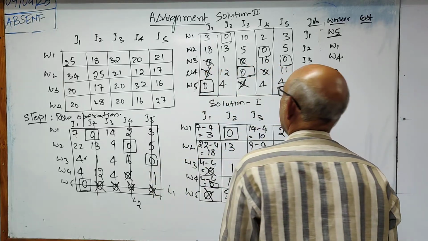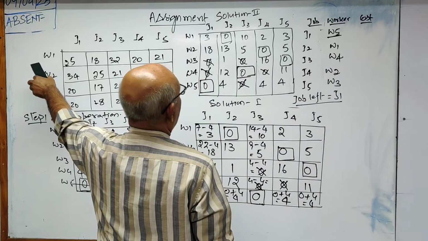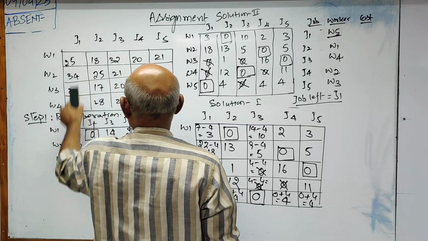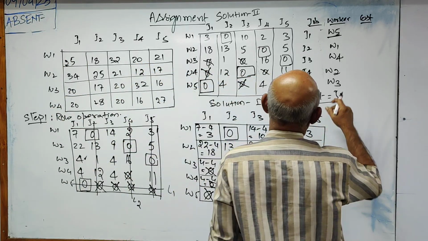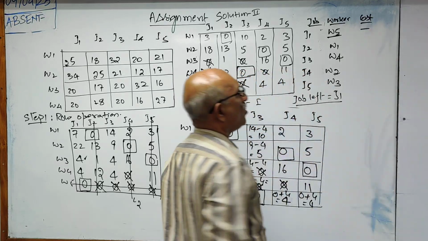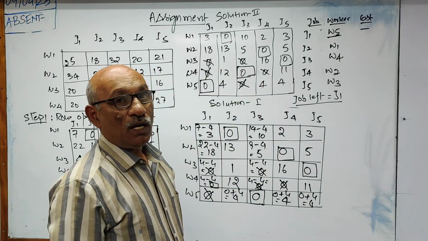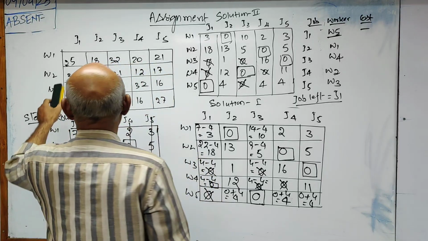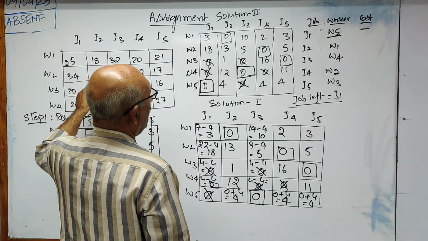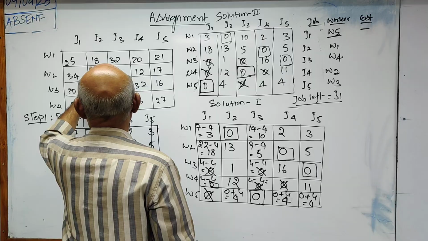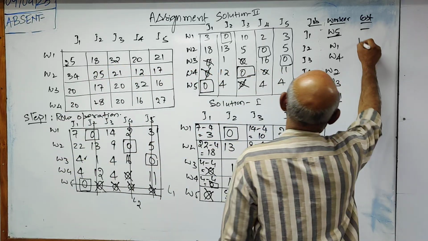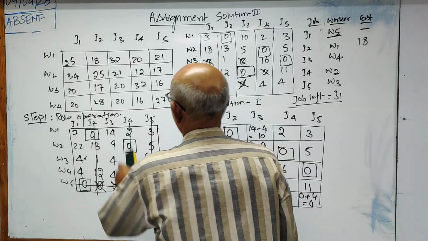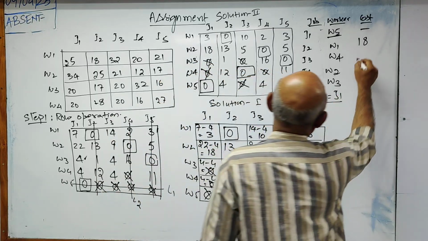Now see the assignment cost. J1 is assigned to worker 5. There is no cost at all because worker 5 is a dummy. Job number 2 is assigned to worker 1, 18 rupees assignment cost. Job number 3 assigned to worker 4, 20 rupees.